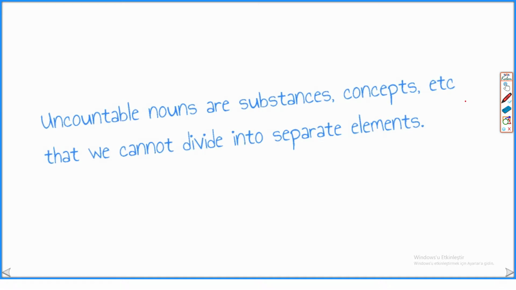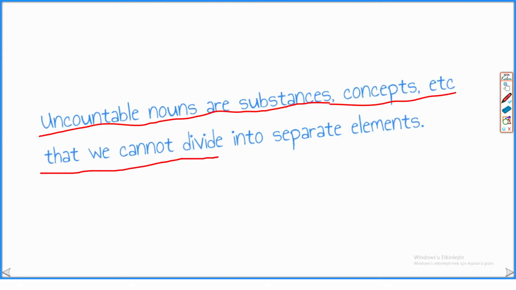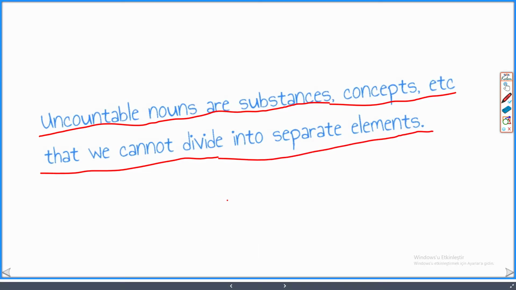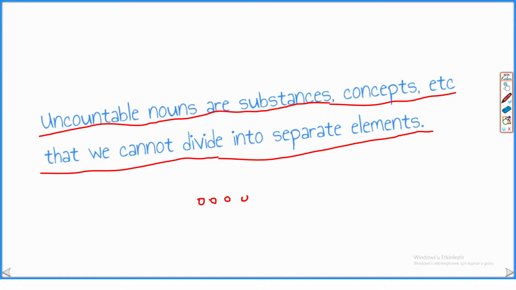And we come to uncountable nouns. Uncountable nouns are substances, concepts, etc. that we cannot divide into separate elements. Separate means we can count them, like 1 2 3 4 5 6 7 8 9 10.